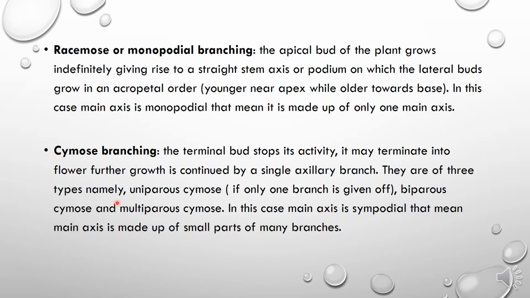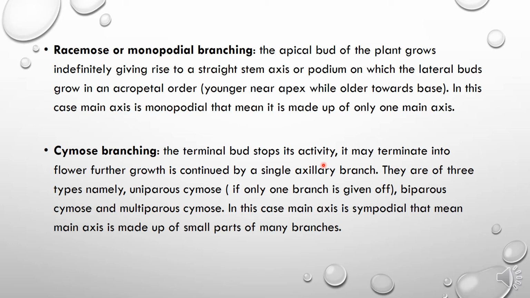The type of lateral branching is cymose branching. In this case, the terminal bud stops its activity. In cymose branching, the branches grow for a definite period of time.